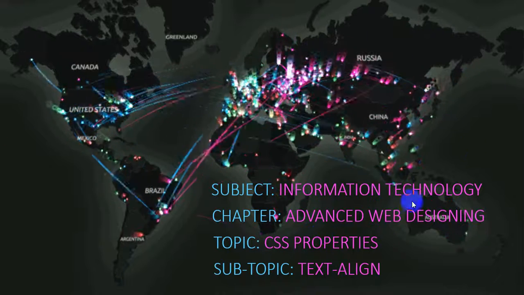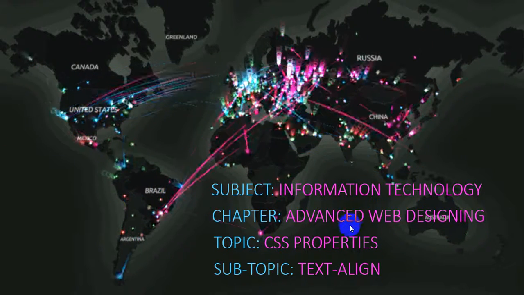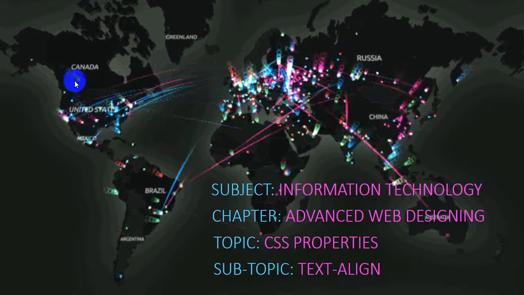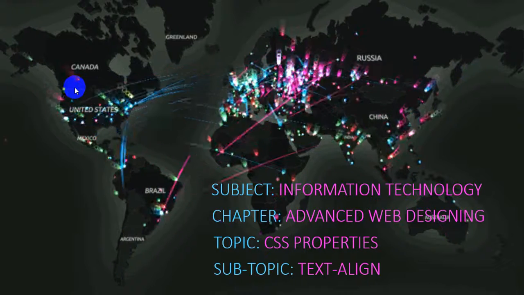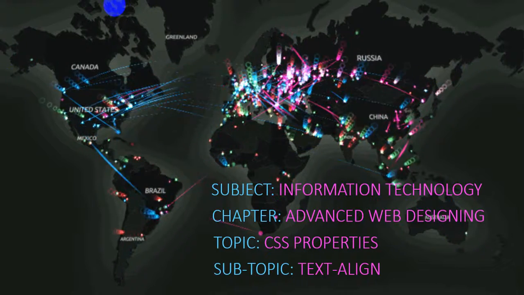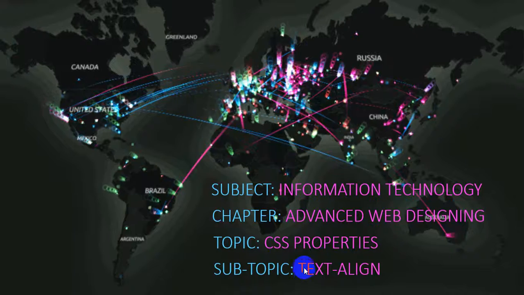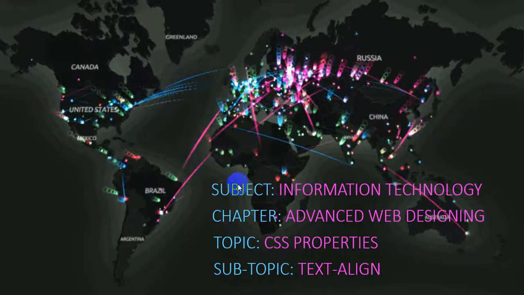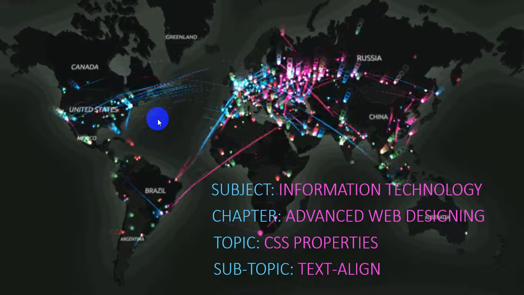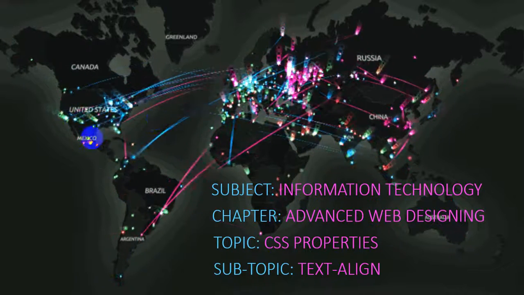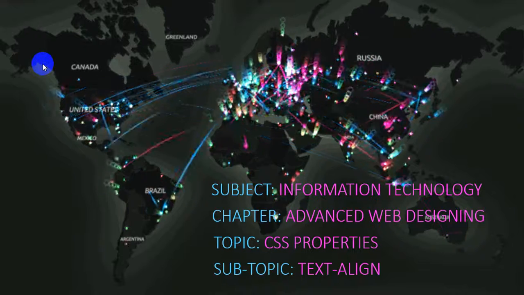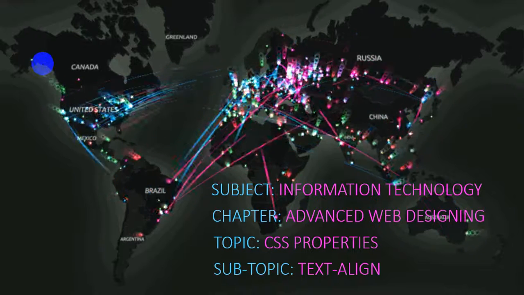And you can align the text in 3 or 4 ways. You can arrange your text to the left, right, or center. So the text align property of CSS is used to place the text in left, right, and center. One more is remaining, that is justify.